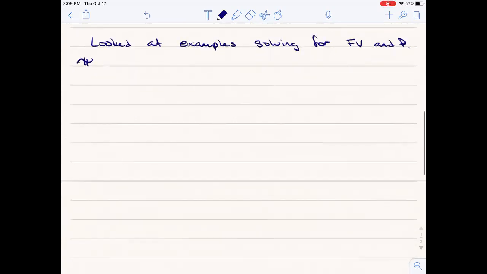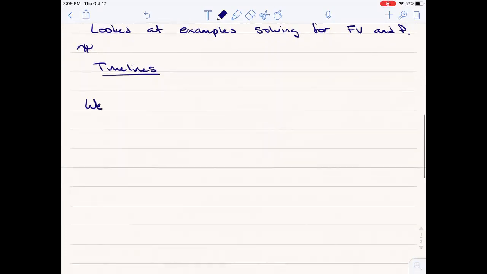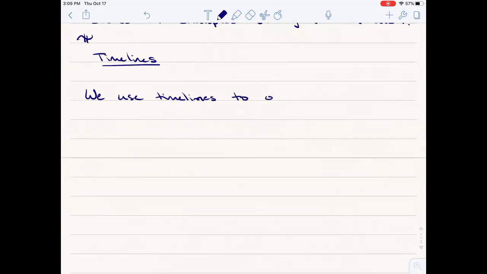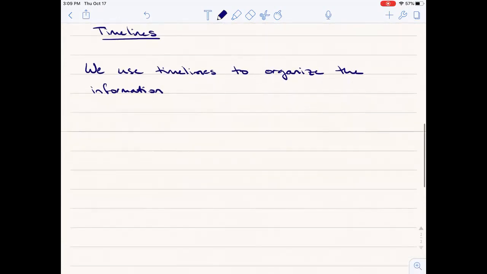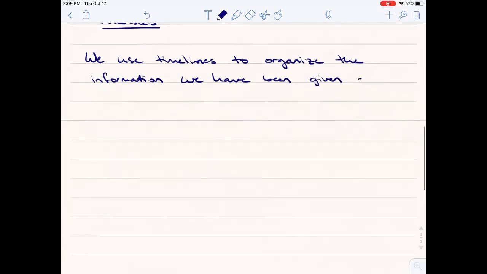So what is a timeline, you ask? Timelines. We use timelines to organize the information we have been given, and to plan our calculations.